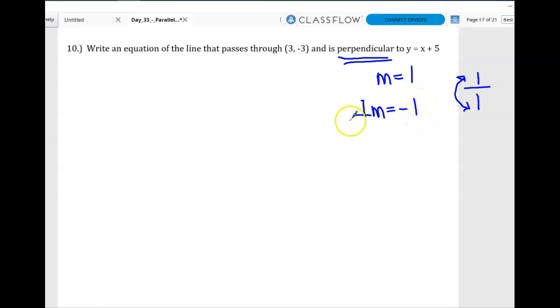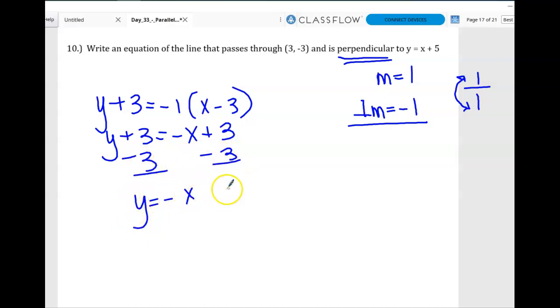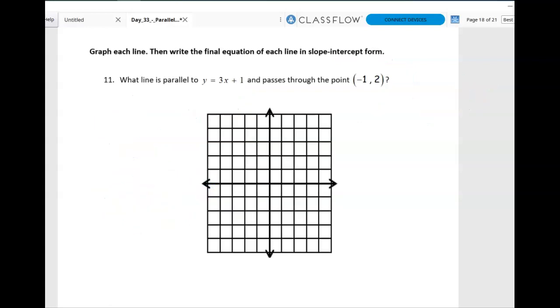I'm going to use this new slope with point slope form. So y plus 3 equals -1 times x minus 3. Y plus 3 equals -x plus 3. So we finish off, y is equal to -x. Okay, moving on, now we want to start to graph some.